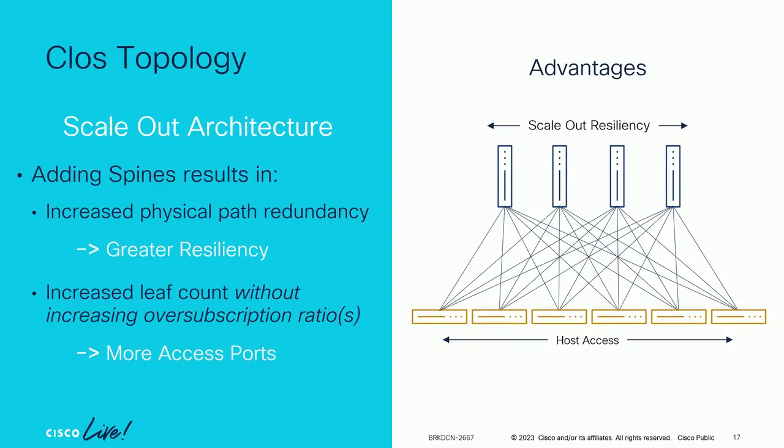If we want more access ports, or more capacity at the leaf layer, we simply add more leaves. Because every leaf connects to every spine and every spine connects to every leaf, but leaves don't connect to leaves and spines don't connect to spines, we don't increase any of the notional oversubscription when we add more leaf capacity.